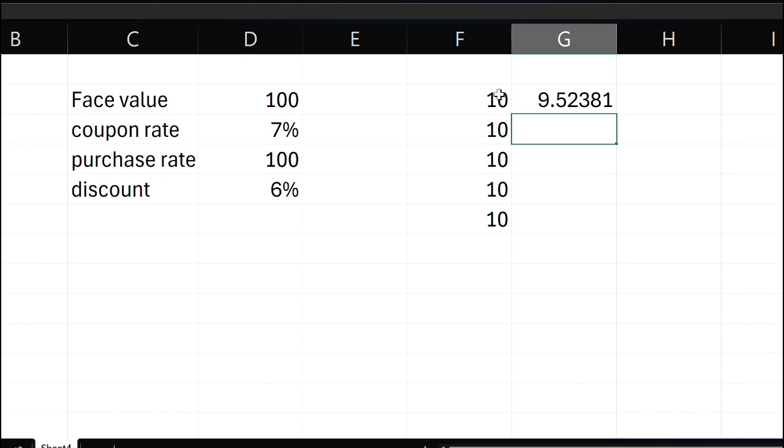And then since it is already discounted for 1 year, we will again divide it by 1.05. Sorry, 1.06.